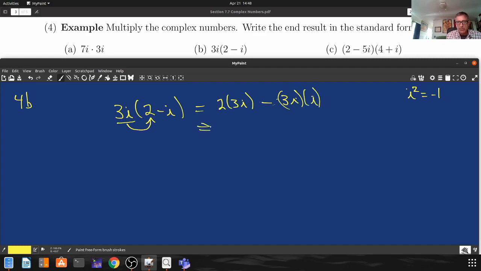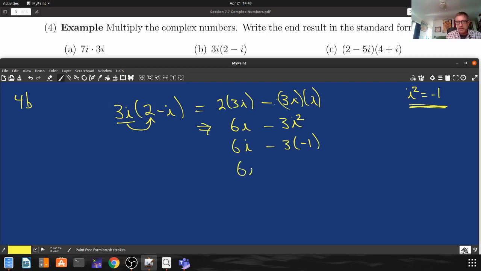So that's equal to 2 times 3 is 6, so that's 6i minus 3i squared. So that's 6i minus 3 times minus 1, using the fact that i squared is equal to minus 1.